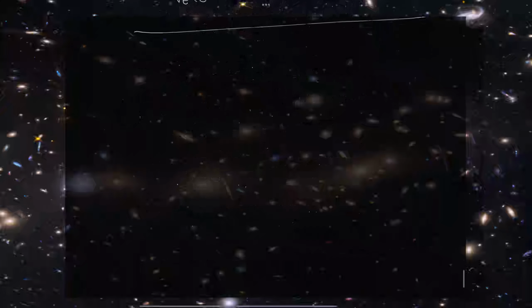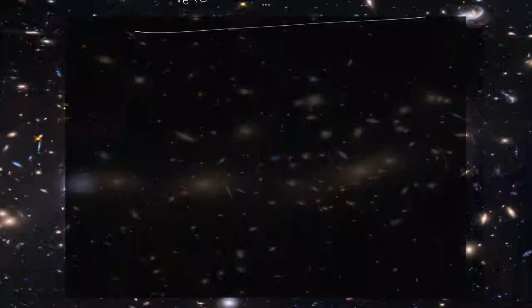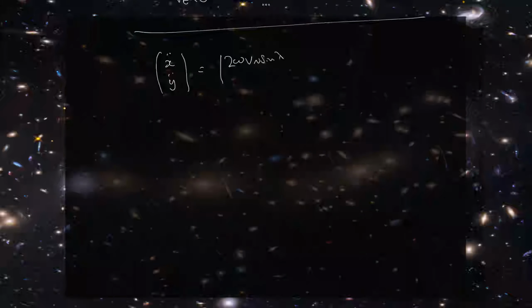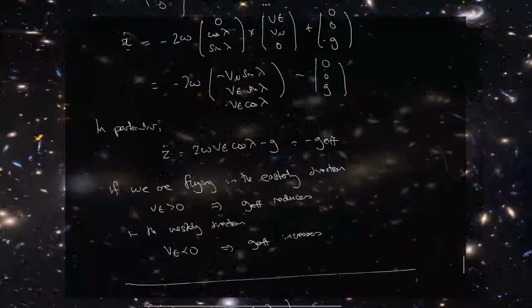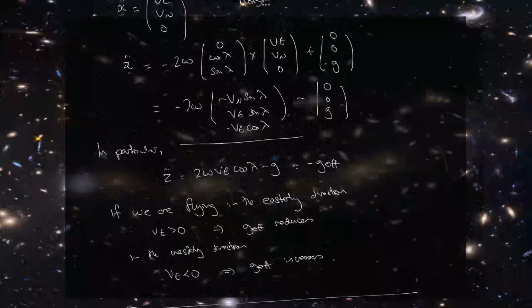Let's consider a marksman aiming at a target. What is the effect of the Coriolis force on the path of the bullet? The equations are (x double dot, y double dot) is (2 omega vn sine lambda, minus 2 omega ve sine lambda). So these are the same equations that we had earlier on.